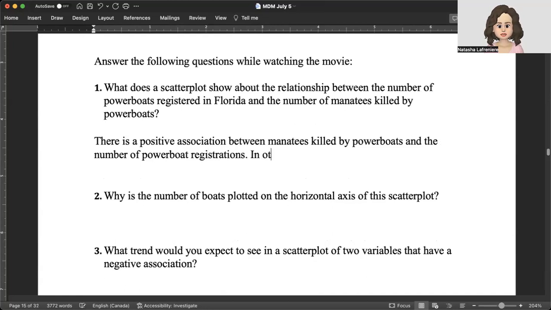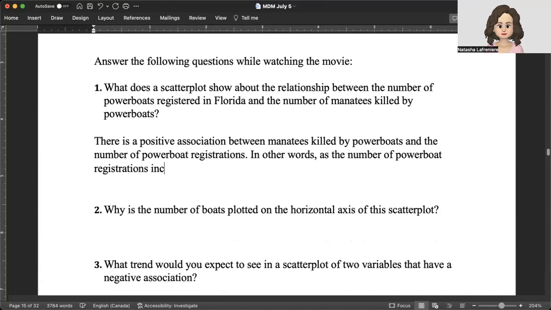In other words, as the number of powerboat registrations increases, the number of manatees killed also tends to increase.